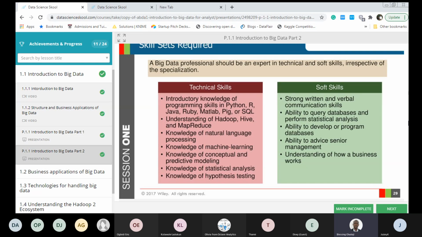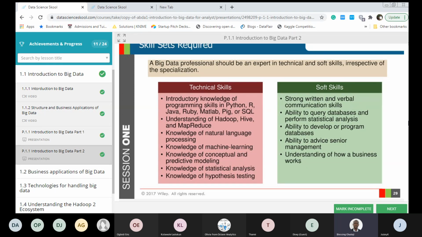Then of course, you also need to learn how to query databases, how to convince and advise senior management when you have an idea or the data is telling you something, and how to present yourself to advise senior management.